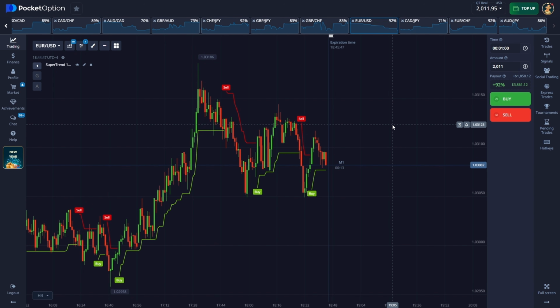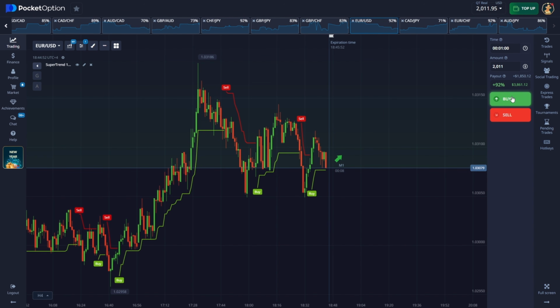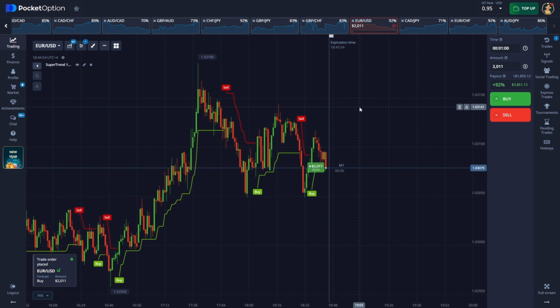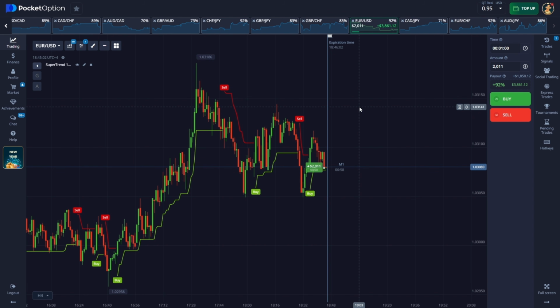Okay, the next candle came back, became a red candle and gave us an entry near the buy level. I placed a trade for the upside move on EURUSD worth $2,011 from the buy level. As you can see, the candle also closed near the buy level, which is why I took the trade for the upside move.